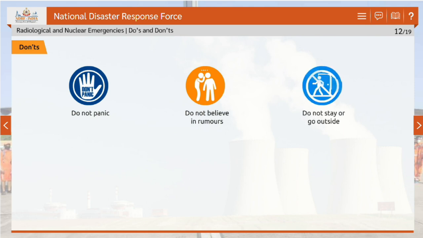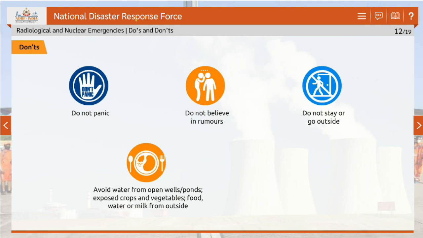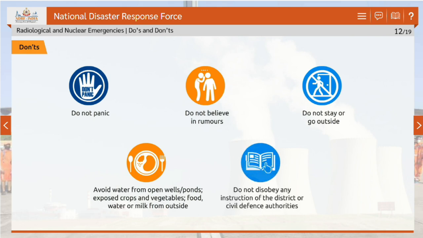Do not stay or go outside to prevent exposure to radiation. As far as possible, avoid water from open wells, ponds, exposed crops and vegetables, and food, water or milk from outside. Do not disobey any instruction of the district or civil defense authorities who would be doing their best to ensure the safety of you, your family and your property.